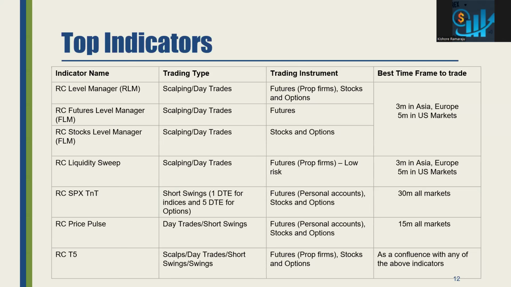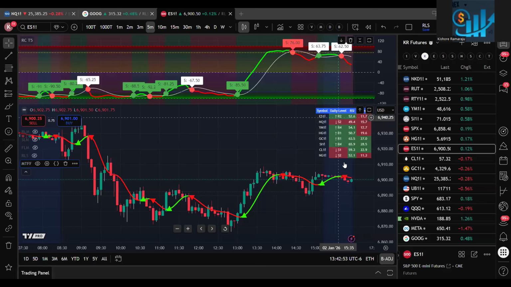So first, you use the levels. Second, your scanner helps you determine which one is the best. If something is at S8 or R8, or at R1 or S1, those are the best ones. If something is at R1 and RSI and strength are green, that is the best one to go long.